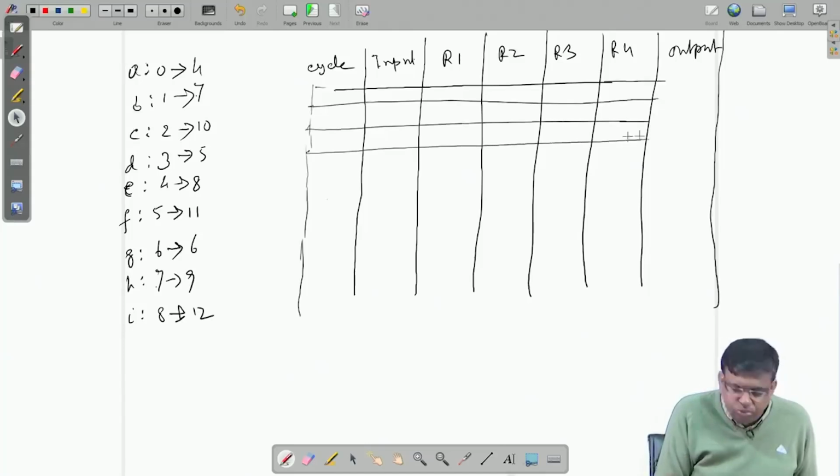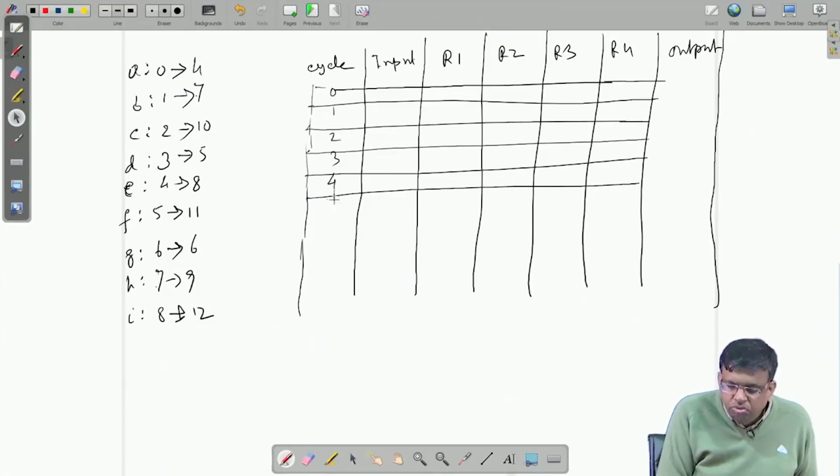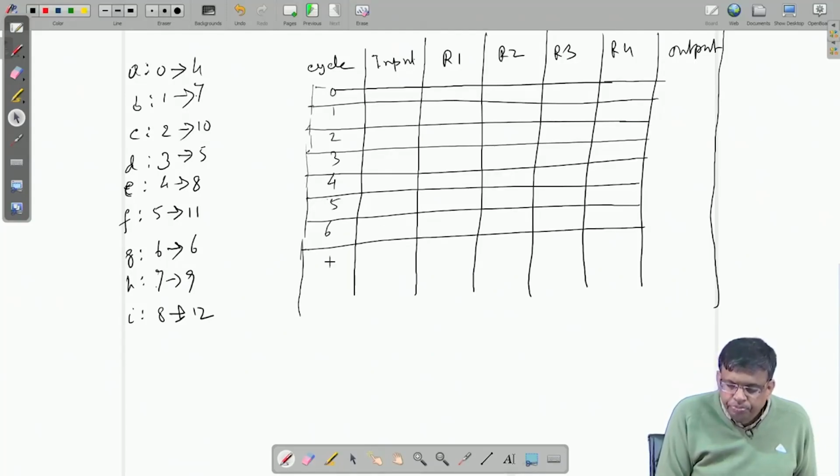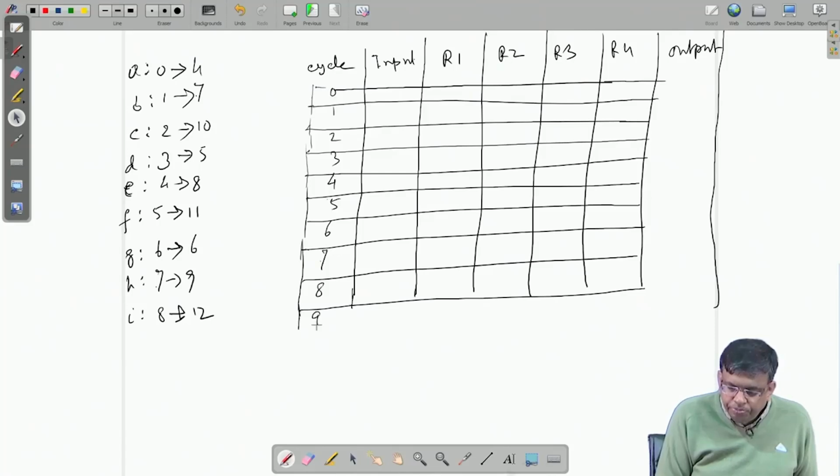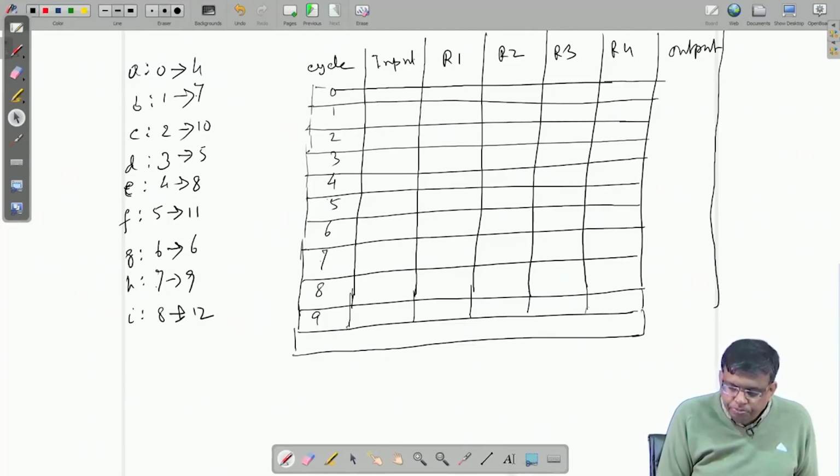Here also I will consider up to 12. So, cycle 0, 1, 2, 3, 4.